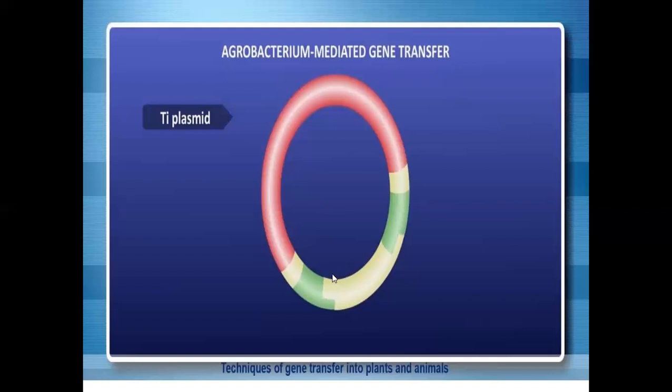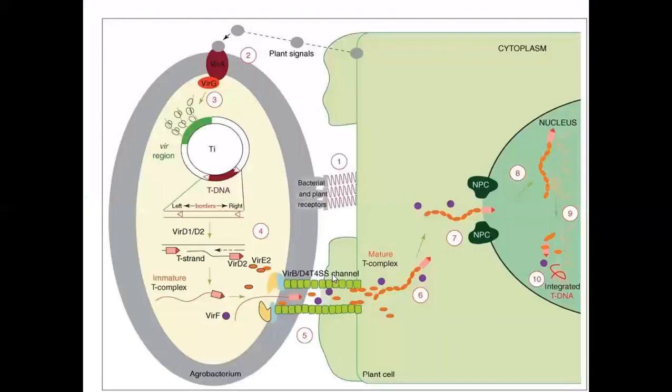The Agrobacterium receives the tDNA by the chemical polyethylene glycol. Polyethylene glycol mainly helps in receiving of tDNA, target DNA, by the Agrobacterium.